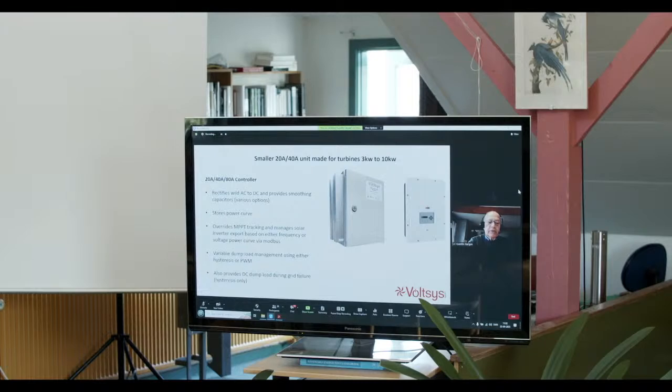Obviously, a higher frequency generator needs less capacitance than one with very few poles and a lower RPM. So this rectifier controller also stores the power curve and has a microprocessor that manages the power curve control of the inverter. So again, we override the MPPT tracking in a solar inverter, and based on either frequency or voltage, we control the power curve via Modbus.